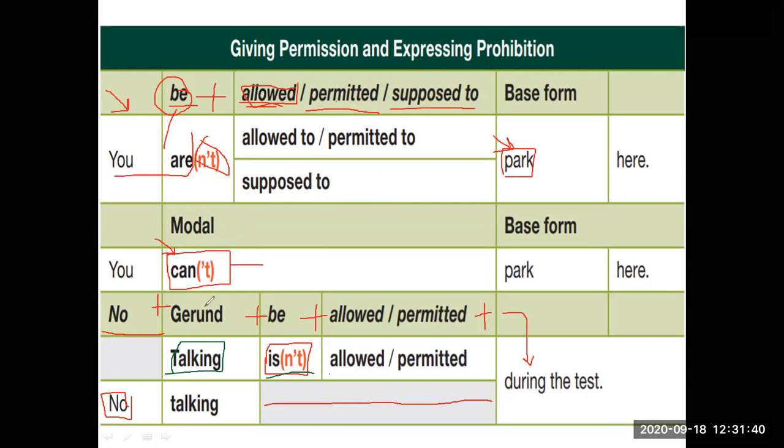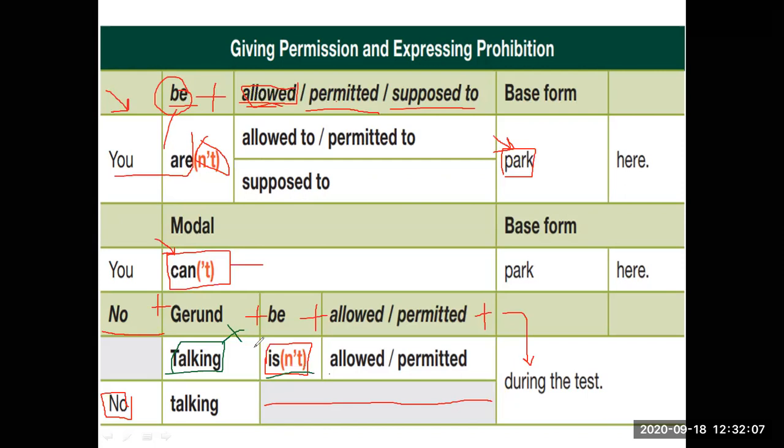But also I could say, texting is allowed during the test. So I am giving you the permission of texting in my class. Remember, those are examples. You know that is not permitted in the class, but those are examples. Eating is allowed in the park.